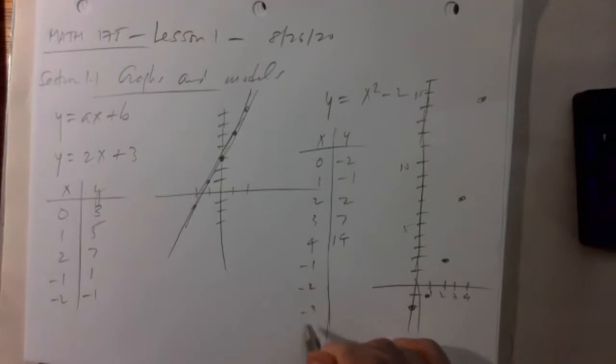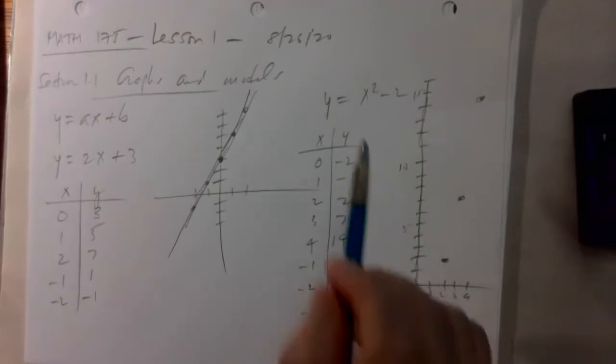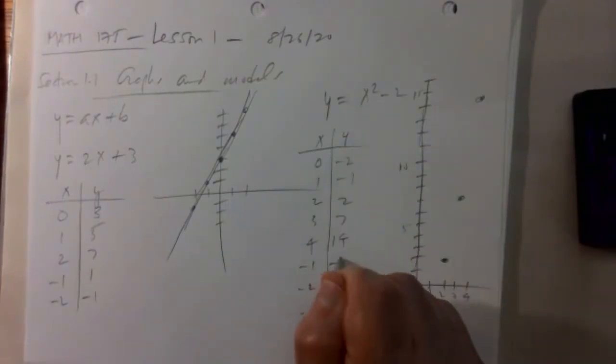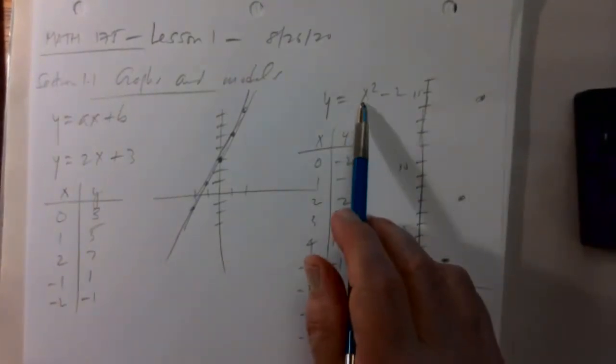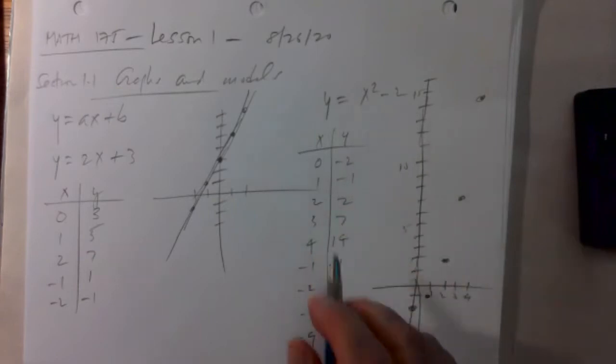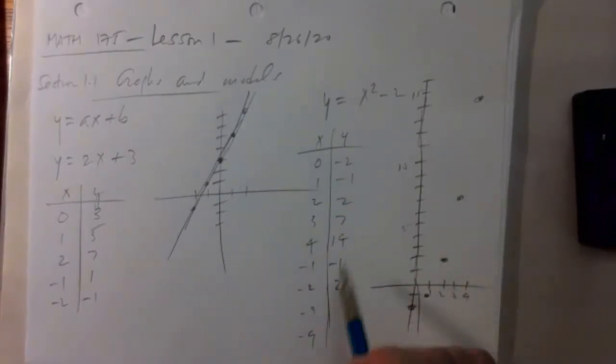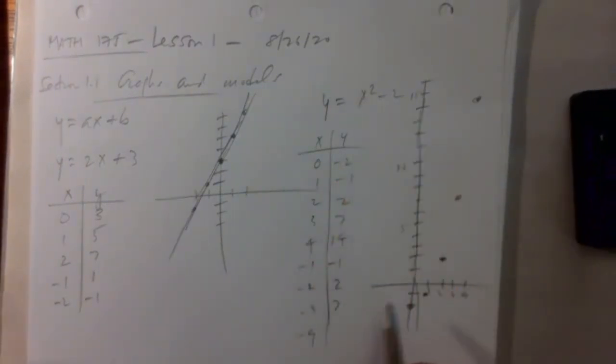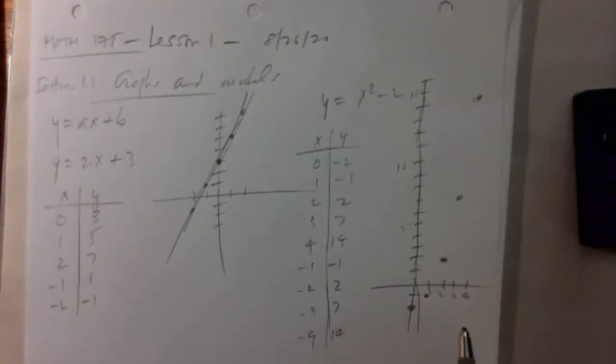Minus 1, minus 2, minus 3, minus 4. When x is minus 1, 1 minus 2 is minus 1. When x is minus 2, 4 minus 2 is 2. When x is negative 3, 9 minus 2 is 7. When x is negative 4, 16 minus 2 is 14.